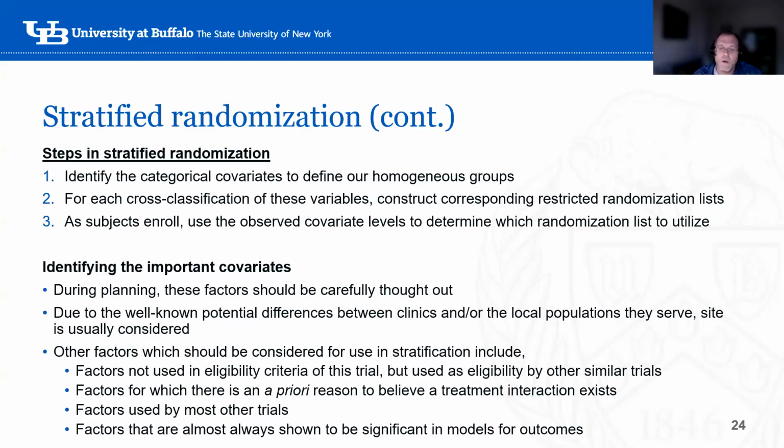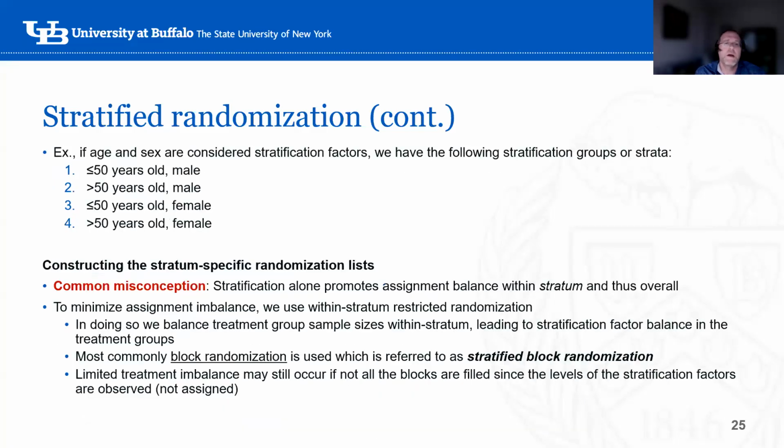You can look at what maybe they use for their eligibility criteria, but that's not used for your eligibility criteria. That might be a good stratification factor. Factors where it's known that a treatment interaction exists, factors used by other trials, and factors that have been well known to be predictive of outcome.